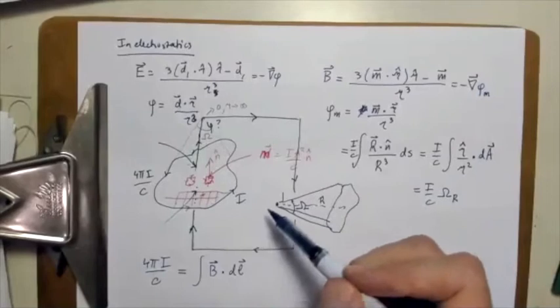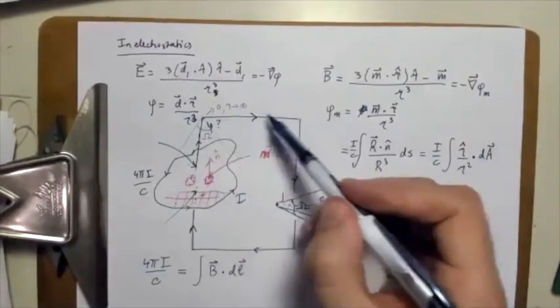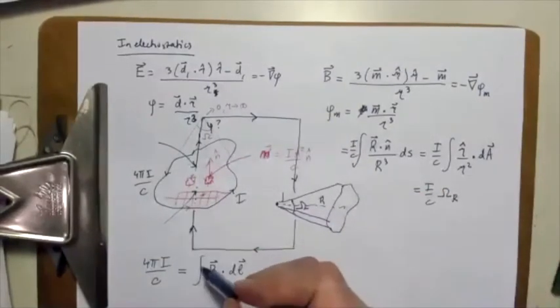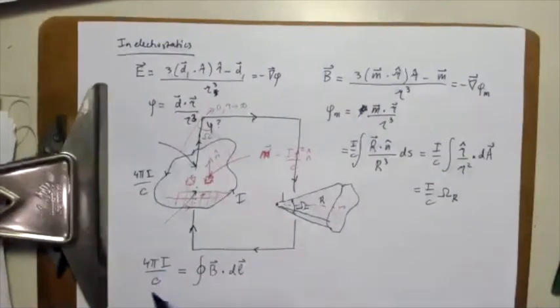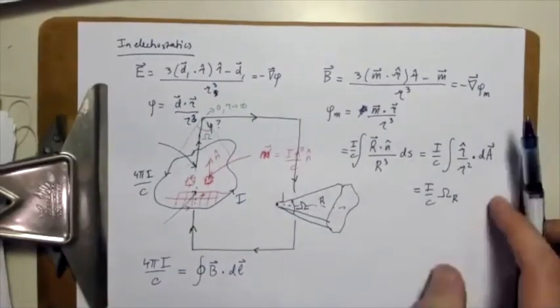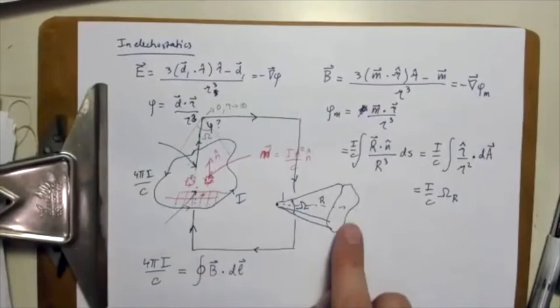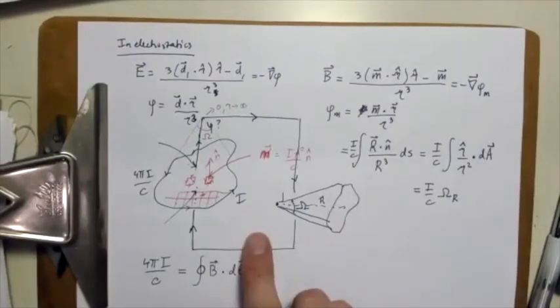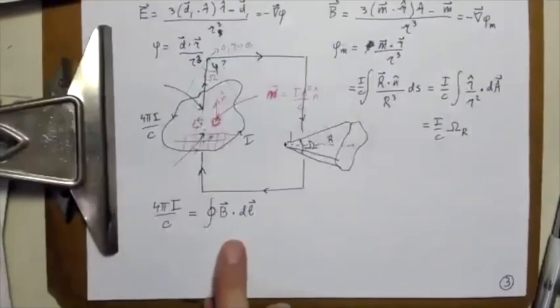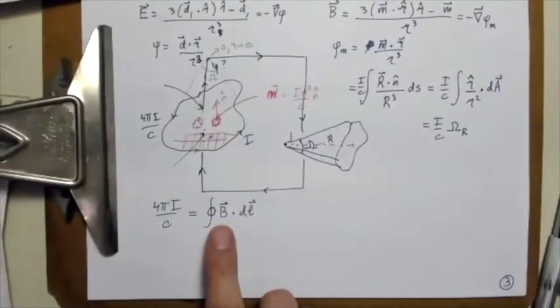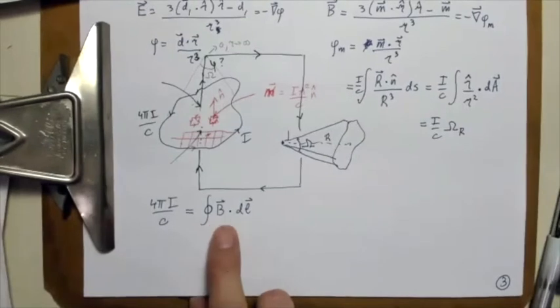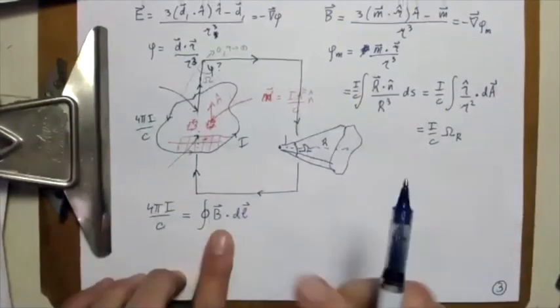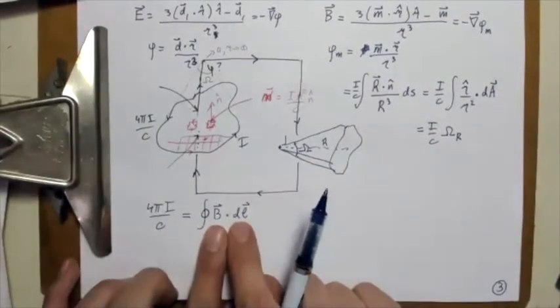And now, if this path is closed, then it is equal to this 4 pi I over C. And we know that this integral is independent of the path, which is a little bit weird. So you have to think about this a little bit. So we know that the integral is independent of the path.